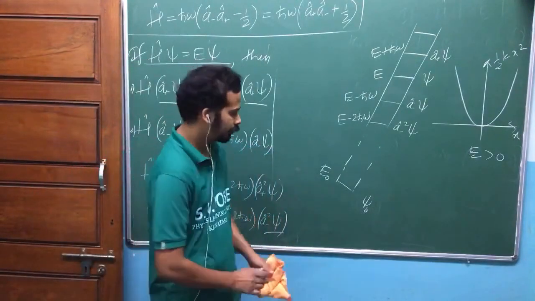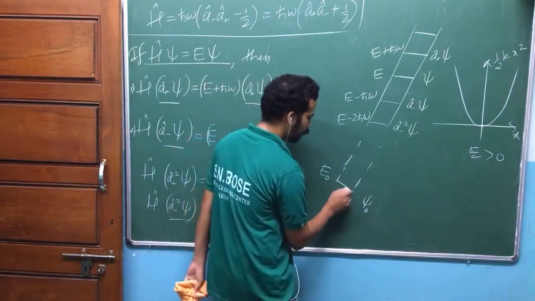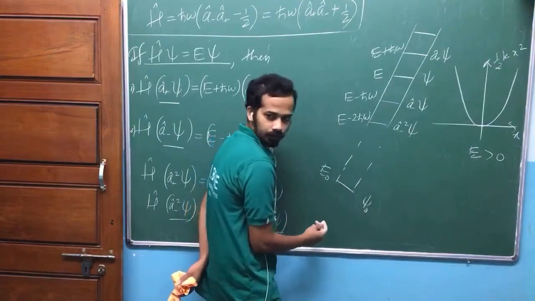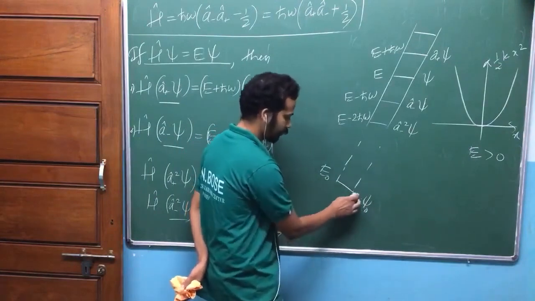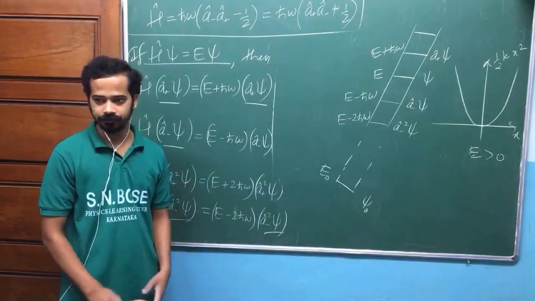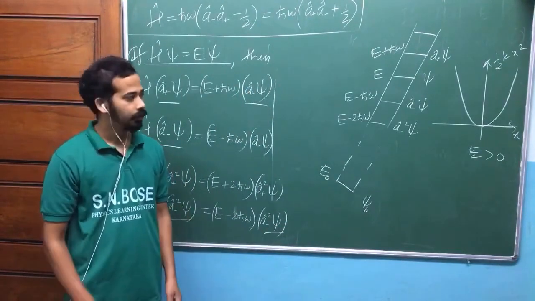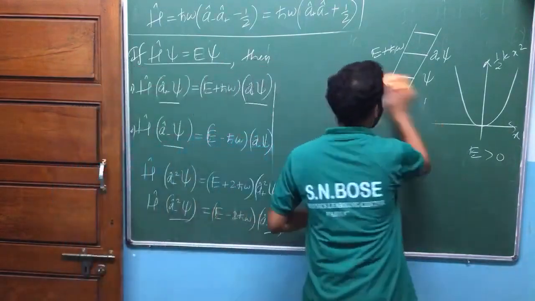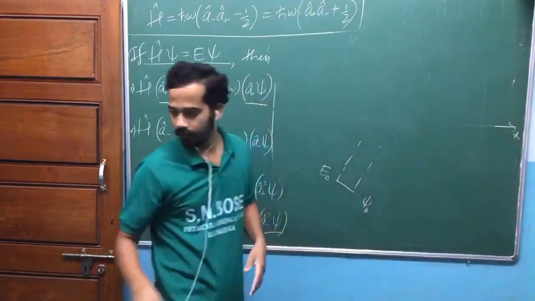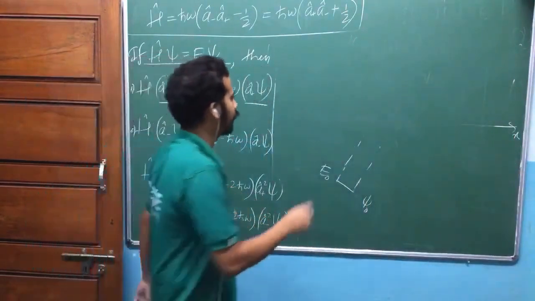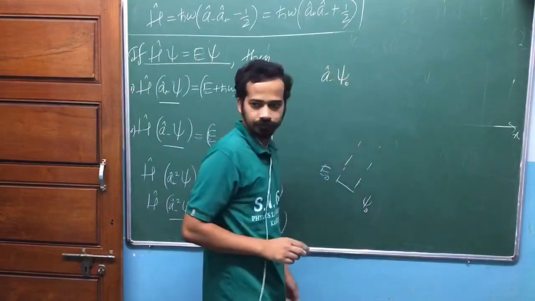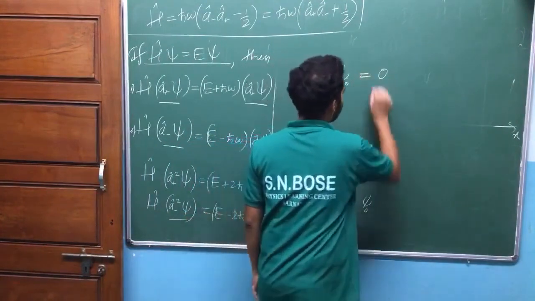Is that okay? So that's why I just designed one lowest state. There is no state below this one. If you operate A minus on this one, you will get such a state whose corresponding energy is negative. That is not possible. So that's why if psi naught is the lowest possible energy state, if you operate A minus cap on psi naught, I should get 0.